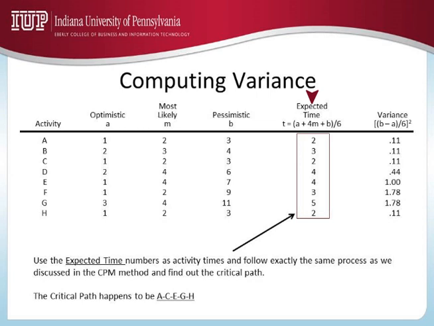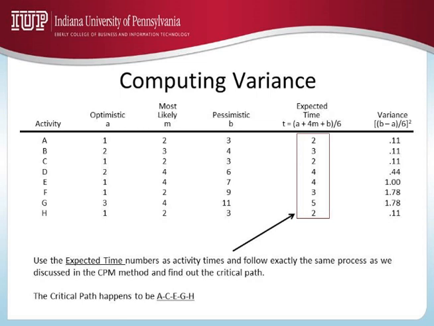So once you do that, I won't go through the details because you already know that. The critical path happens to be ACEGH. We have just used the example here in such a way that the same critical path is also here. But that need not be the case.